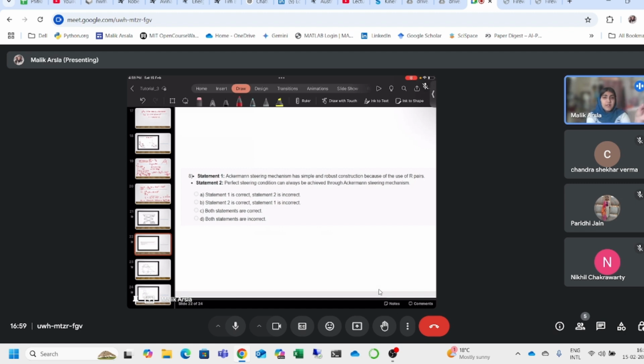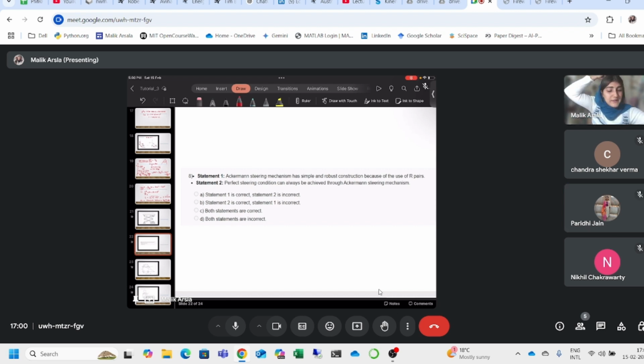Can somebody read question number 8? Paridhi, you can maybe. Statement 1: Ackermann's steering mechanism has simple and robust construction because of the use of R pairs. And statement 2 is: perfect steering condition can always be achieved through Ackermann steering mechanism.